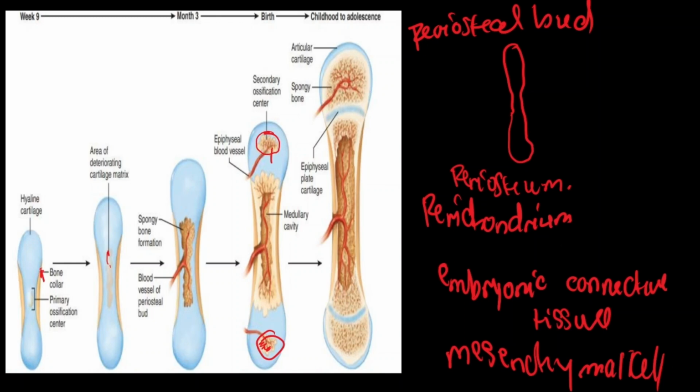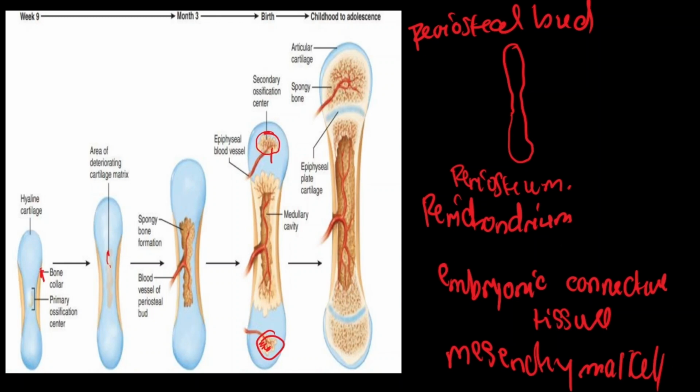Lastly, in the fifth stage, which is childhood to adolescence, we have that the epiphysis ossifies. Okay, so initially we can see that at birth the most part of the epiphysis is made of cartilage. However, from childhood to adolescence, this cartilaginous epiphysis gradually becomes ossified.